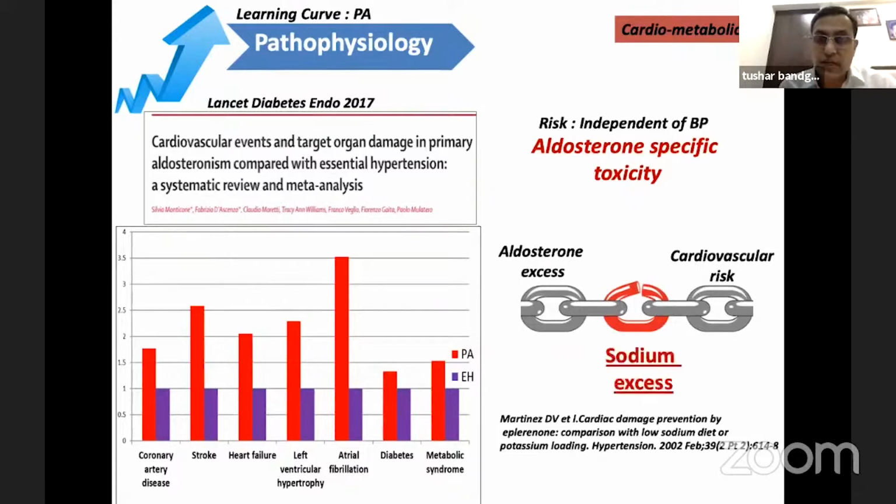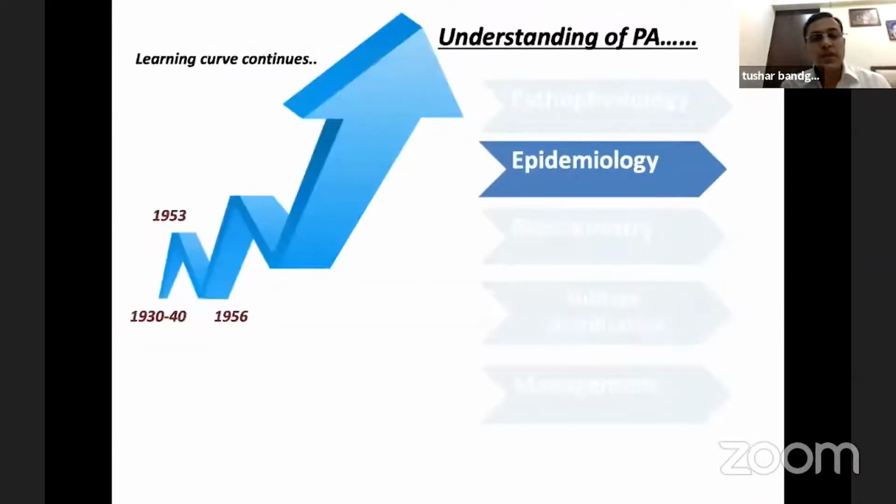It's the link with sodium excess that exists with hyperaldosteronism in PA which is responsible for this cardiovascular damage. So one of the most important strategies to reduce morbidity and mortality is to restrict sodium intake, and you would reduce a lot of damage in these patients when you really treat them. So it's a very important diagnostic as well as management issue which needs to be looked at.